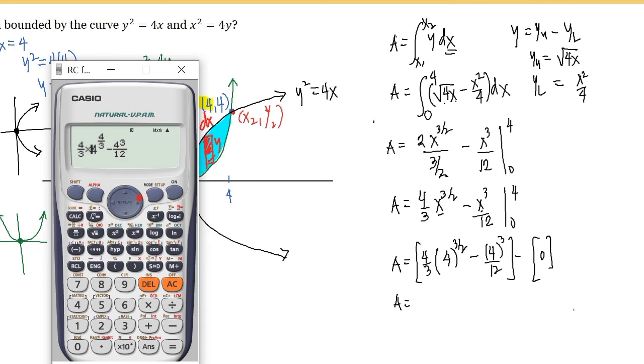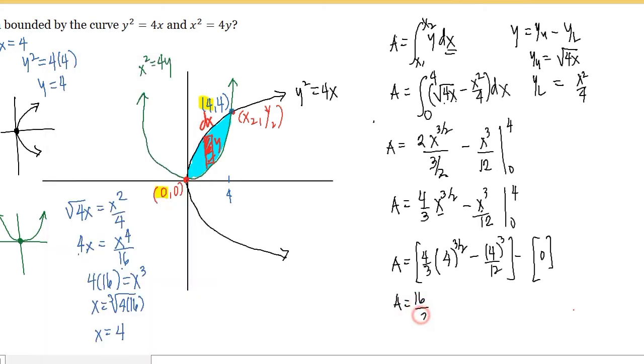Raised to 3 halves ito. Ayan. So, we have here 16 over 3. So, our area here is equal to 16 over 3 square units. So, this is the answer for our area between the two curves using the vertical strip.